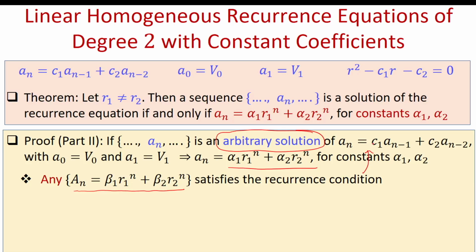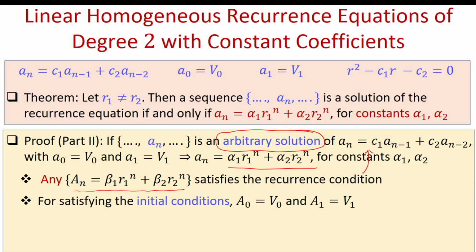Okay, and now if you want this sequence whose nth term is capital A of n, right? To differentiate this sequence from the sequence whose nth term is small a of n, I am using the capital A here.